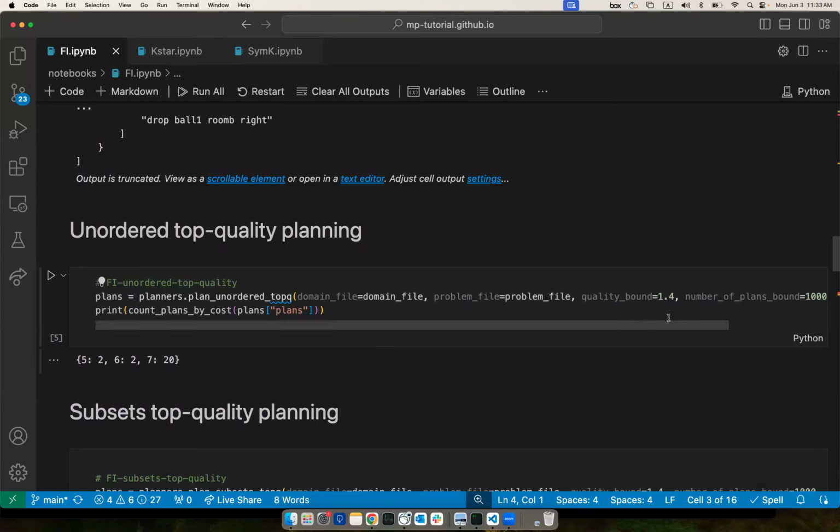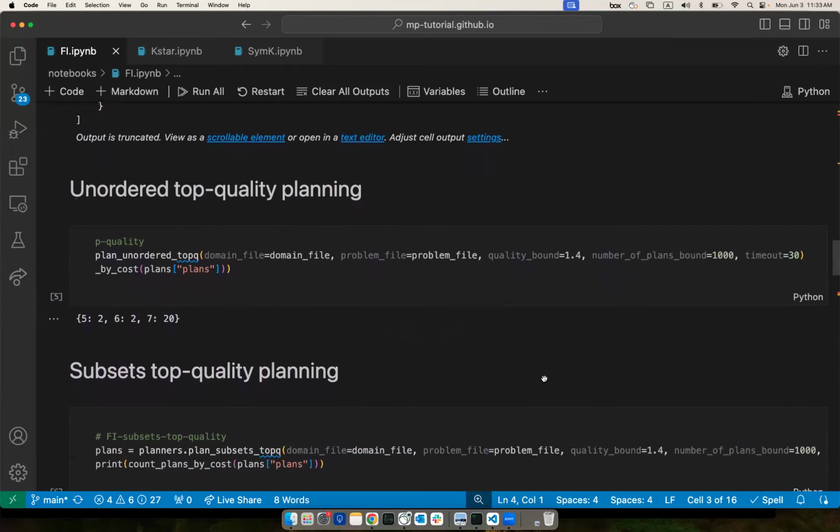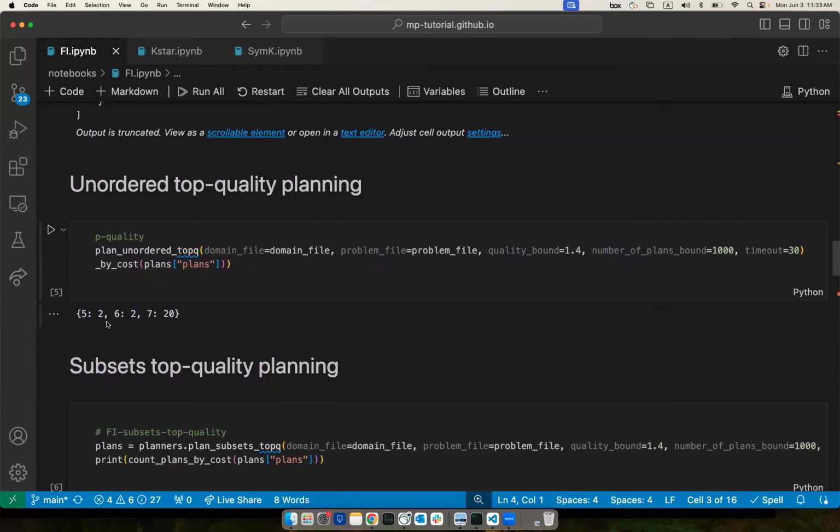Here we have the quality bound of 1.5. That's a constant, so it should be not worse than 1.5 times the best plan cost. And the number of plan bound is 10,000. And now we see that it found more plans and actually also some better plans than before.